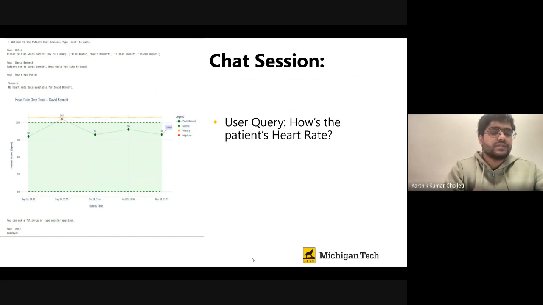Here I asked what's his heart rate, and so we can ask follow-up questions like, what about the particular patient's systolic blood pressure or the respiratory rate. It will reuse the context, drawing the appropriate chart and summary.